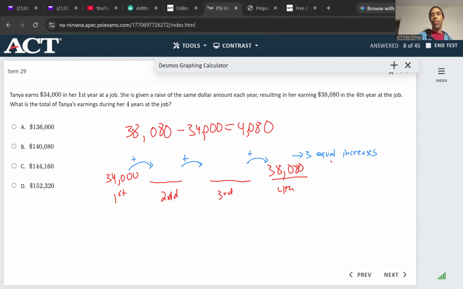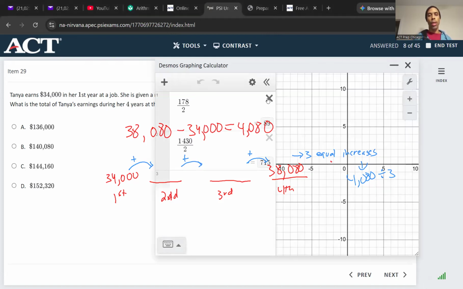So all we're going to do is 4,080 divided by 3, right? That's going to give us our increase every year. So 4,080 divided by 3. Use a calculator for that.